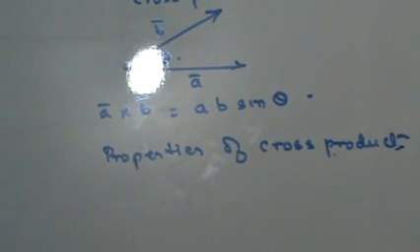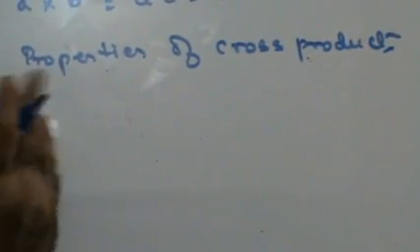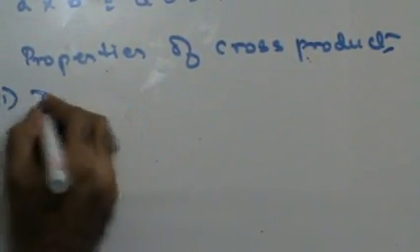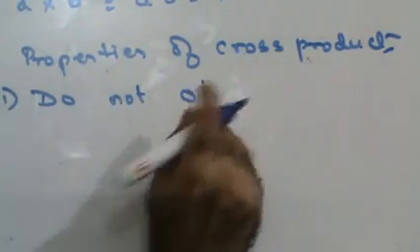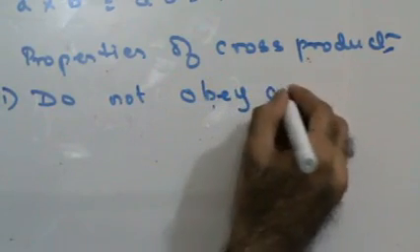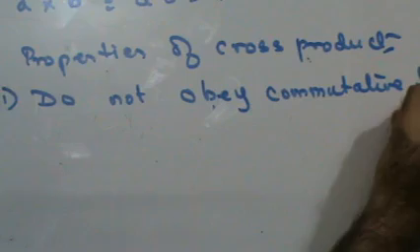What are the properties of cross product? First thing, they do not obey the commutative law.